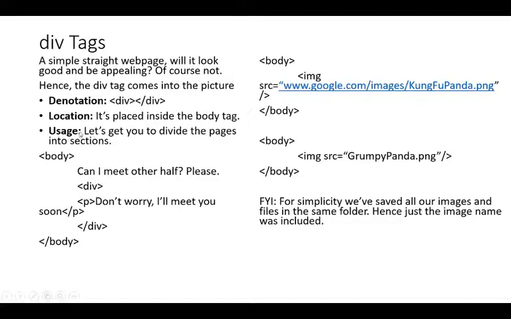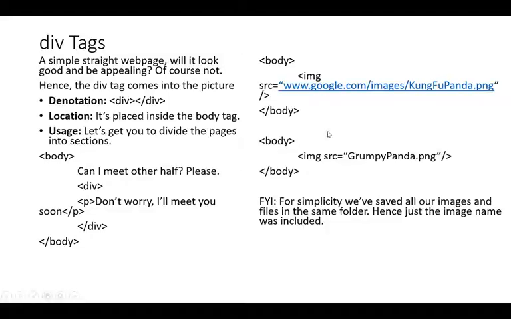The usage is that it lets you divide the page into sections. This is how it is used. We have the body tag, we have the text, we have the div tag, the paragraph tag, the closing tag, then the body tag close.